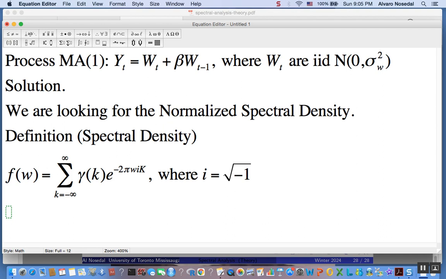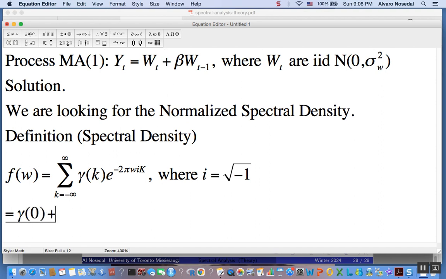Let me remind you that we have an alternative formula for the spectral density and how we obtain it. To obtain that alternative formula, what we're going to be doing is breaking this down into 3 different terms. First I take gamma at lag 0.